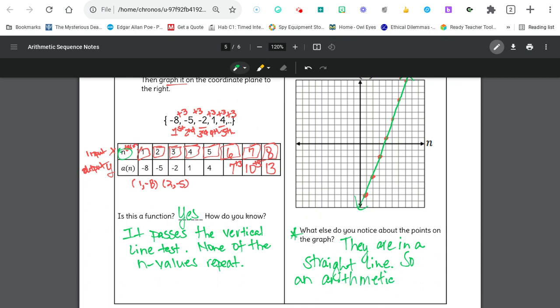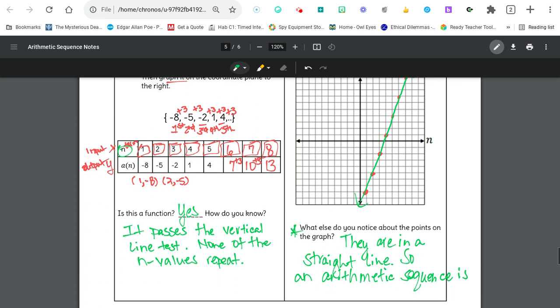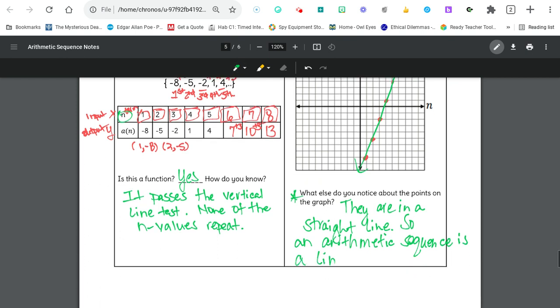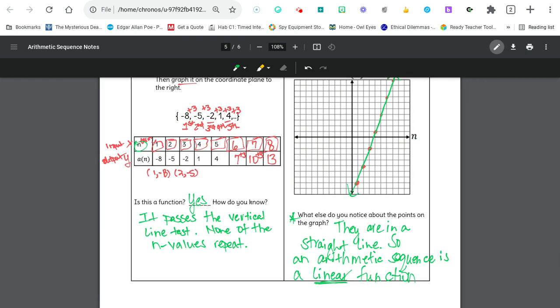Linear meaning line. It's a function, but it's a specific kind. It's called a linear function because if I graph these things, they form a straight line, guys.